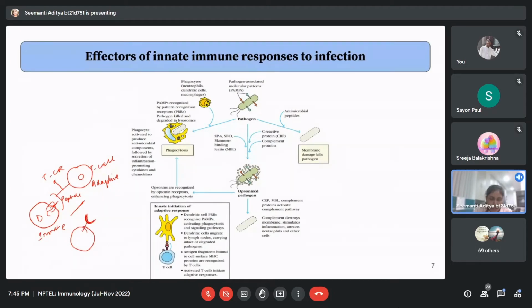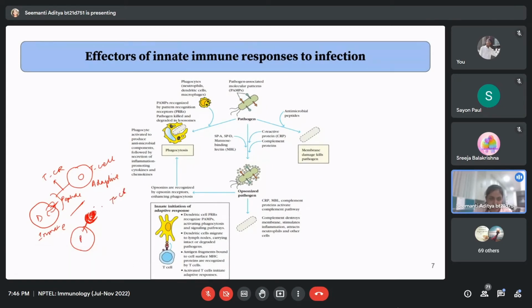Now the B cell will have an antibody on its surface. It is not going to show any phagocytic activity like the dendritic cells or the macrophages. B cells can recognize antigen as a whole, so it does not require antigen processing. After recognizing the antigen, this B cell receptor, or antibody-like molecule, will then go and present this antigen to the T cell receptors present in the adaptive immune cell.